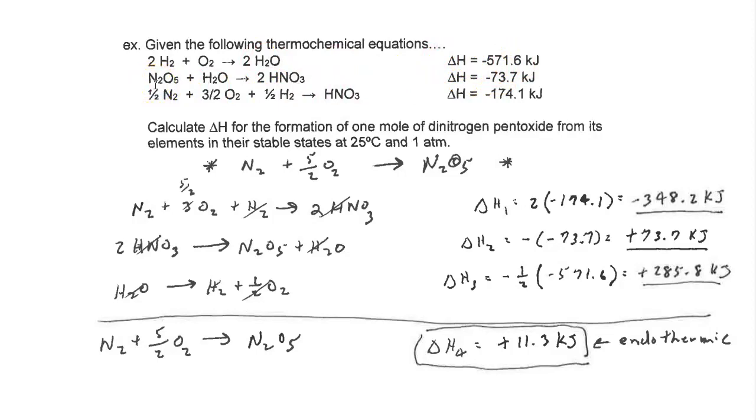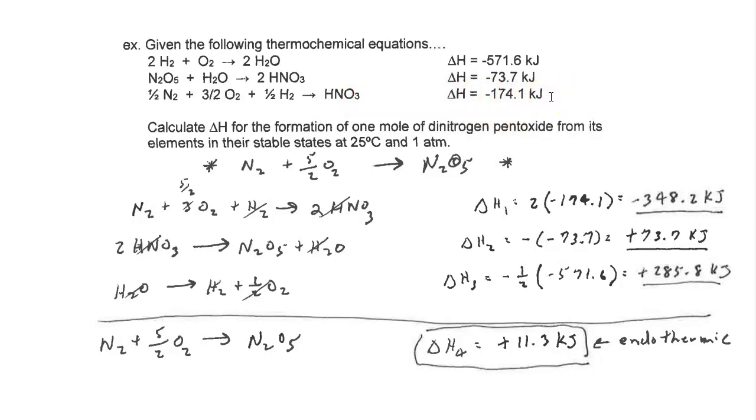N2O5, this is dinitrogen pentoxide, plus H2O, water, goes to 2HNO3, that's nitric acid there, and delta H for that's negative 73.7. And a half a mole of N2 plus 3/2 moles, 1.5 mole, of O2 plus a half a mole of H2 goes to HNO3, and delta H for that is negative 174.1 kilojoules.